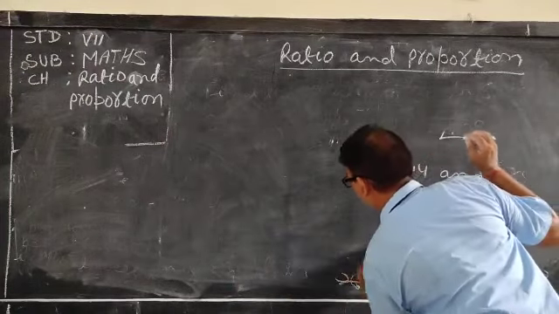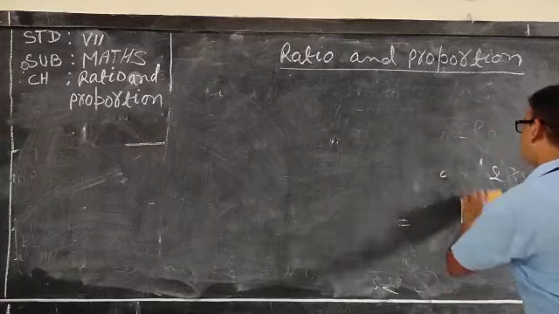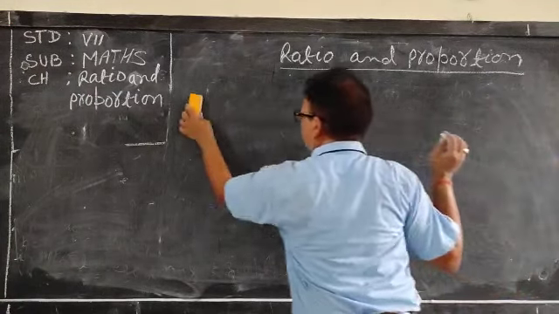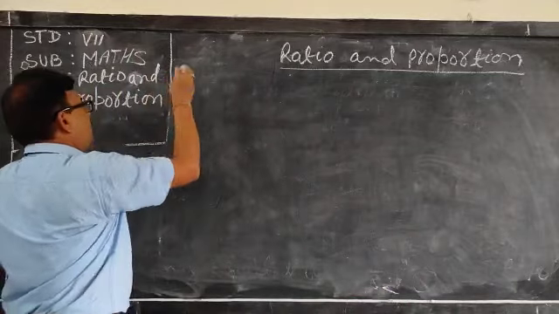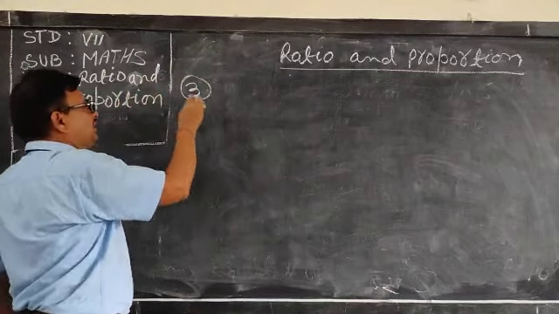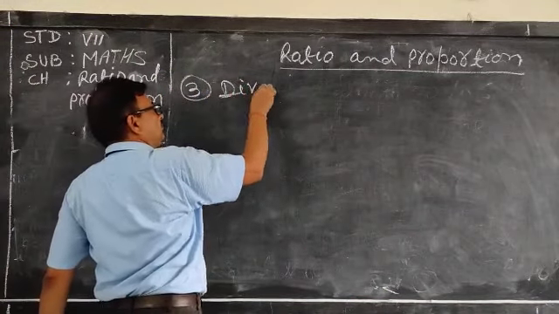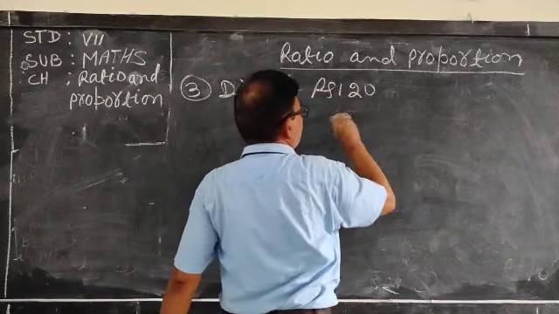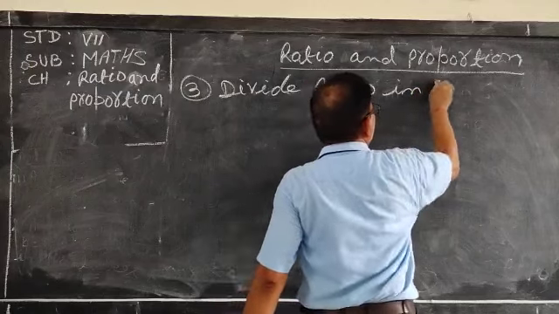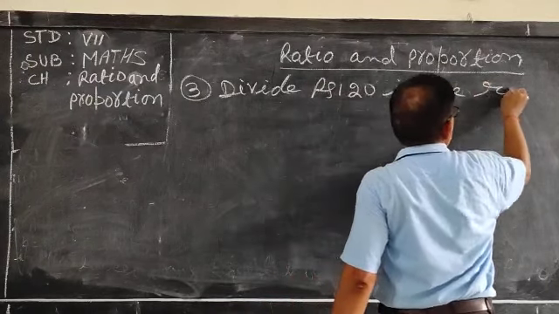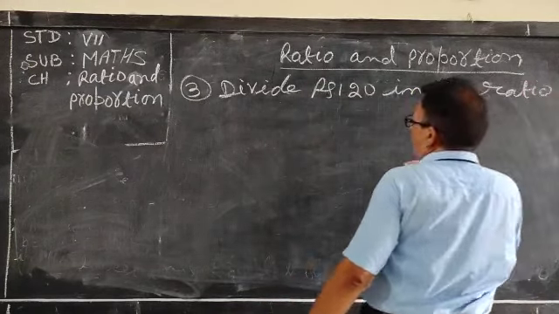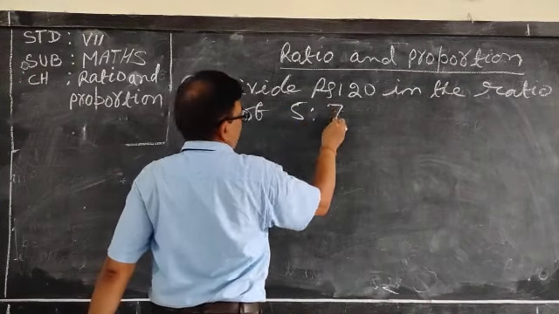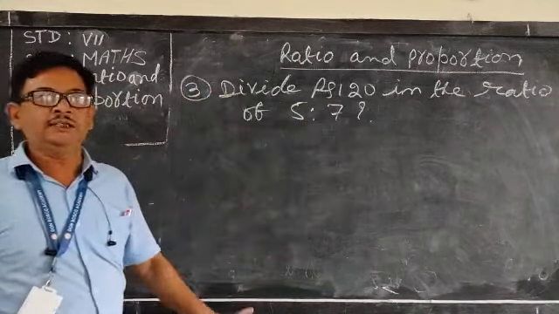Divide rupees 120 in the ratio of 5:7. Please listen, what is the question?